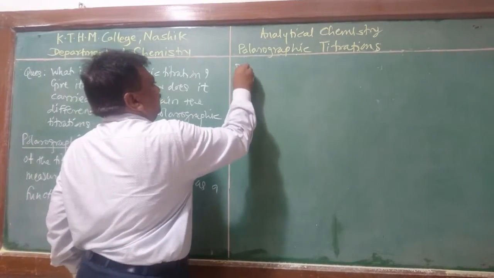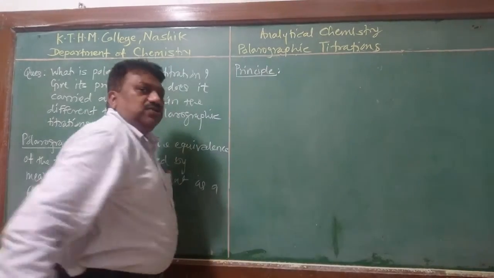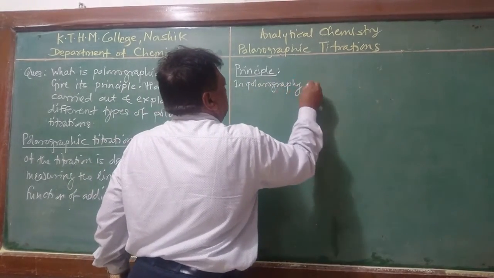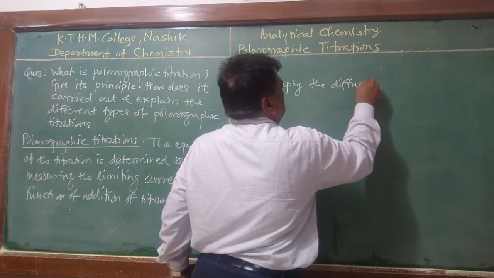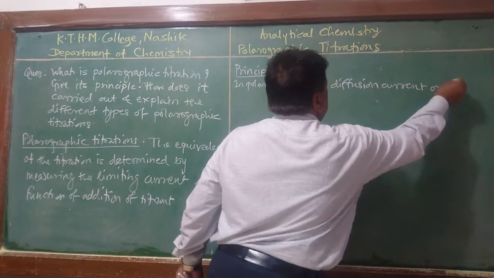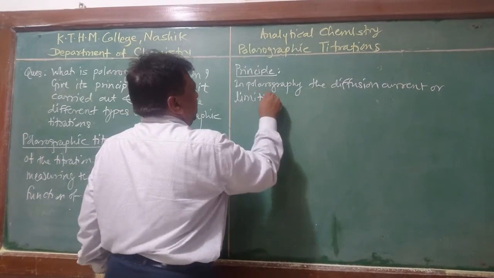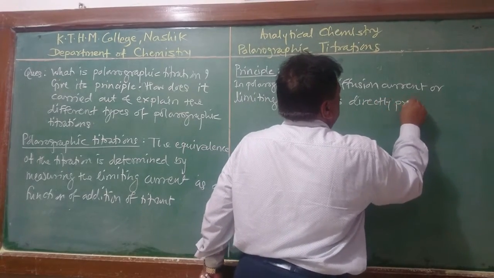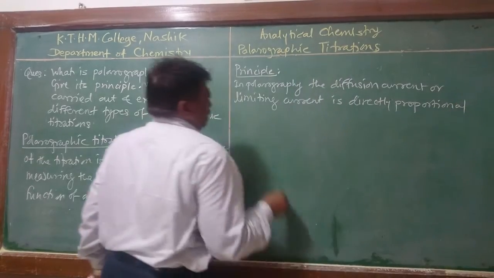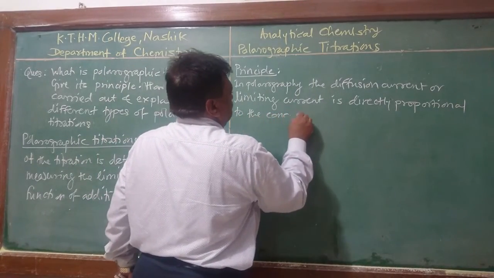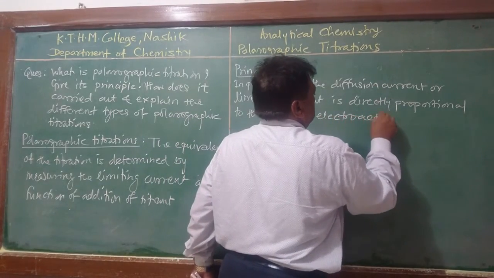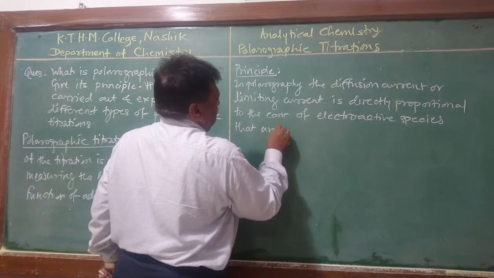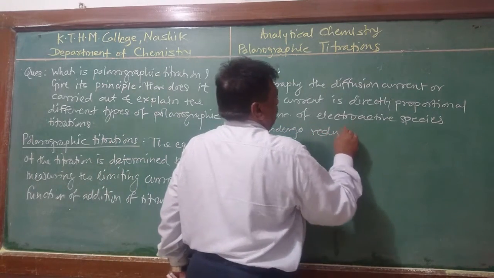Now we discuss the principle. We know that in polarography, the diffusion current or limiting current is directly proportional to the concentration of electroactive species that undergo reduction at the dropping mercury electrode.